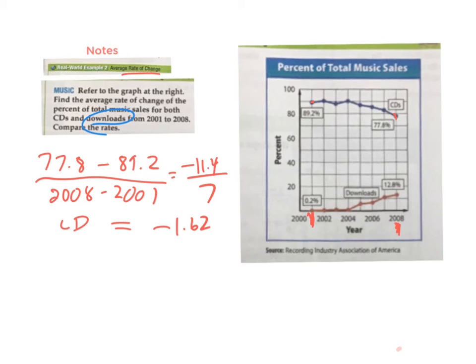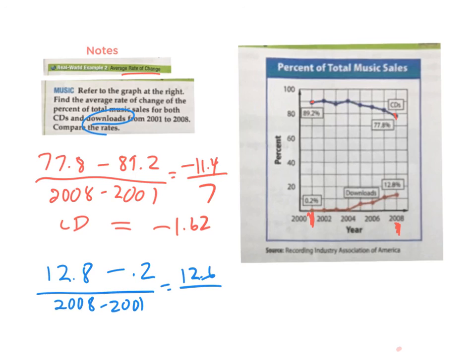So our downloads, doing the same thing, will be 12.8 minus 0.2, and the years are still the same, so 2008 minus 2001, and let's do the math. 12.8 minus 0.2 gives me 12.6 over 7, so 12.6 divided by 7 is 1.8, but it's in the positive, it's not a negative.